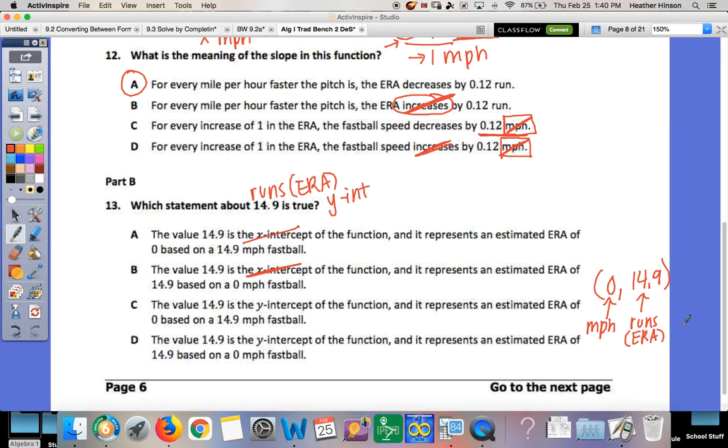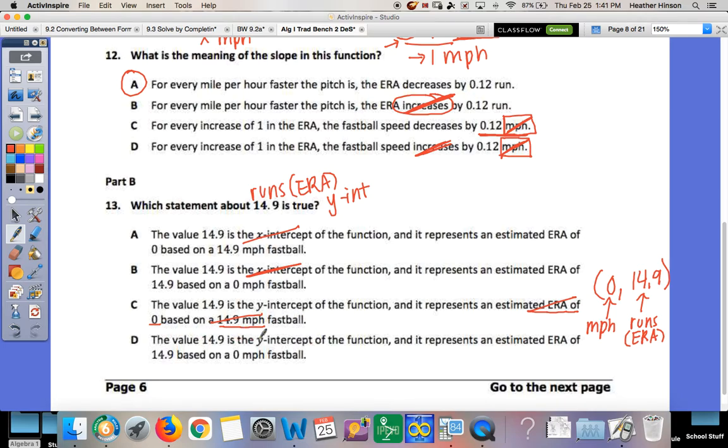So is this one saying it correctly? This says your estimated ERA is 0, and 14.9 is your miles per hour. Is that correct? No, because 14.9 was our ERA, and 0 would be the miles per hour. So those are backward.